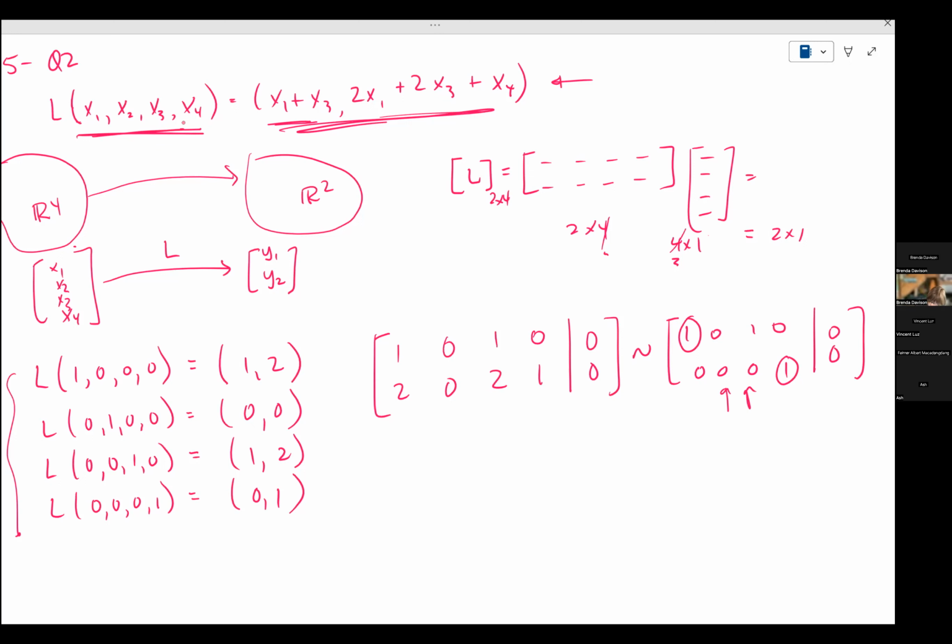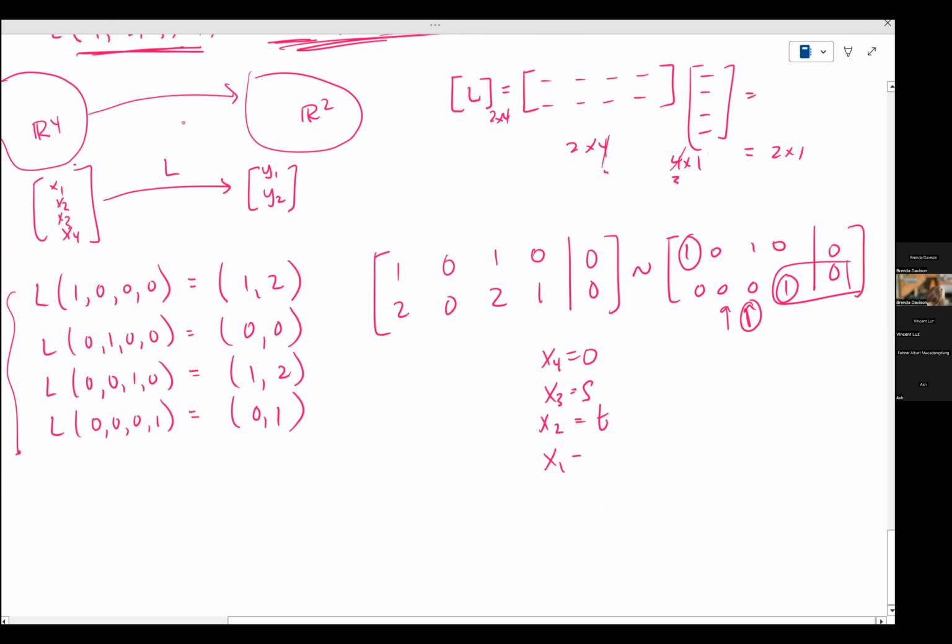In this case, all vectors where x4 is equal to 0, because that's what this is telling me. And then x3 is free, so I call that S. x2 is free, so I call that something different, T. And looking at the first row, x1 is minus x3.